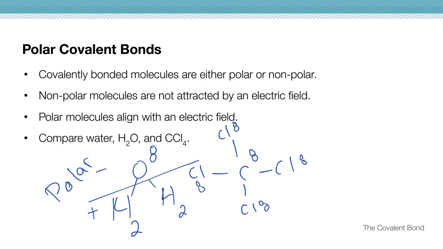So there's going to be a slightly more negative side by the chlorines than by the carbon. However, because it's balanced all the way around, they kind of cancel out. So this would be nonpolar. That's also not how you spell nonpolar. There you go.